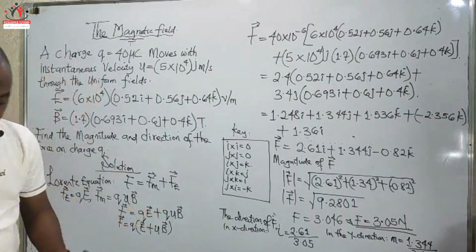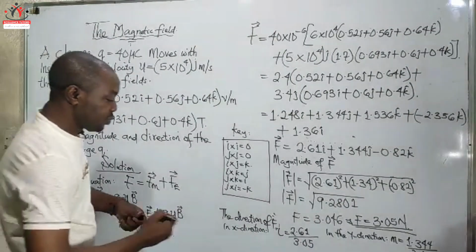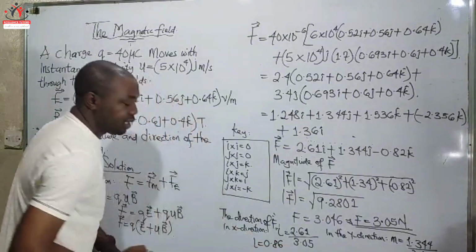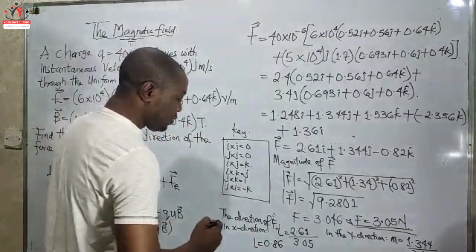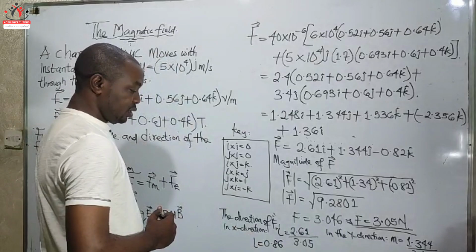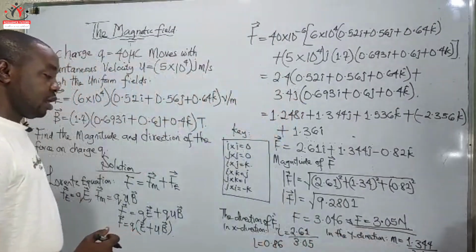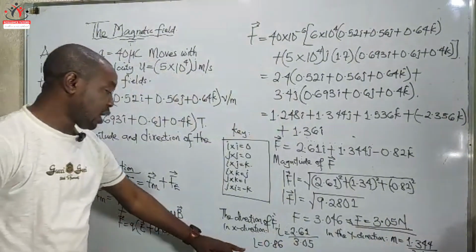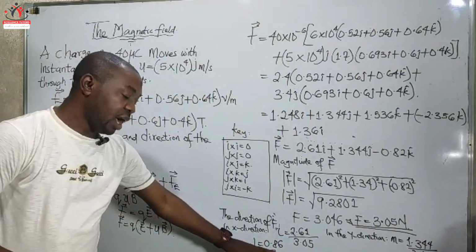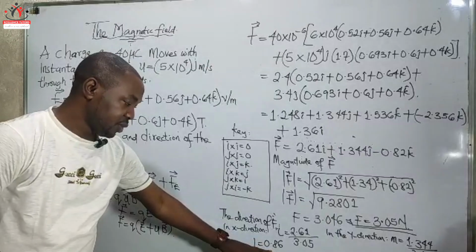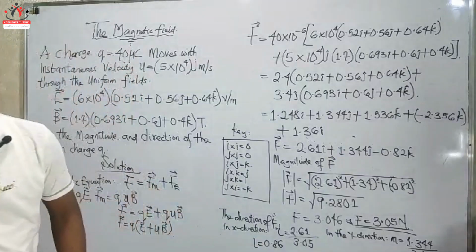That would be 0.86. So in the x direction, that would be 0.86. Now remember, we can actually obtain the angle in this case. Direction cosine, don't forget.